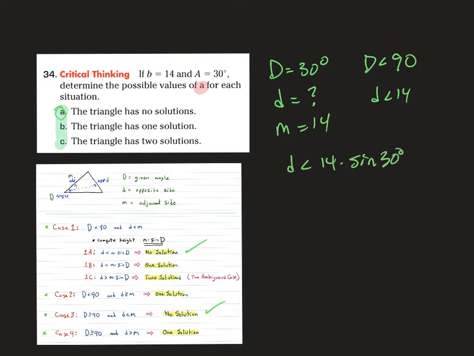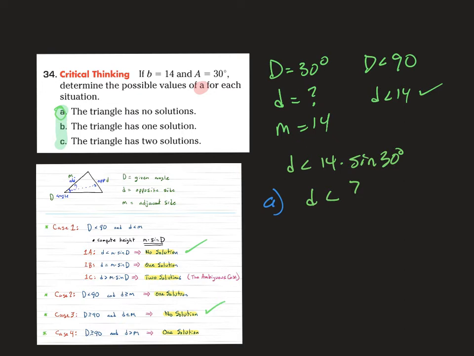So I'm going to multiply 14 times sine of 30, and I'll figure out what the values of D need to be. When I multiply 14 sine 30, I get 7. So in this case, D needs to be less than 7, and that checks out here as it's less than 14. So for letter A on our assignment here, as long as D is less than 7, then I will have no solutions.